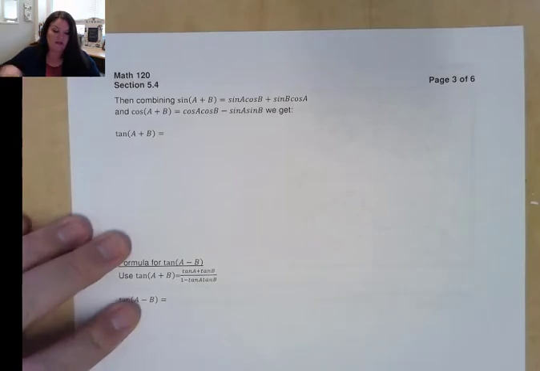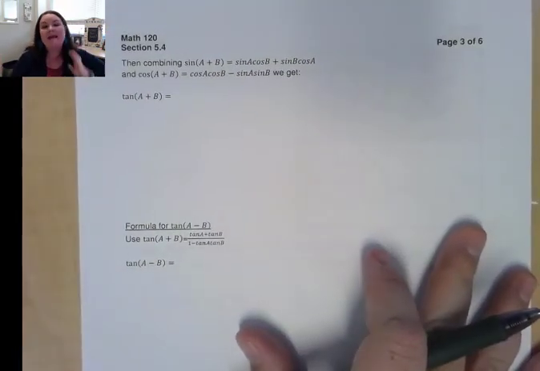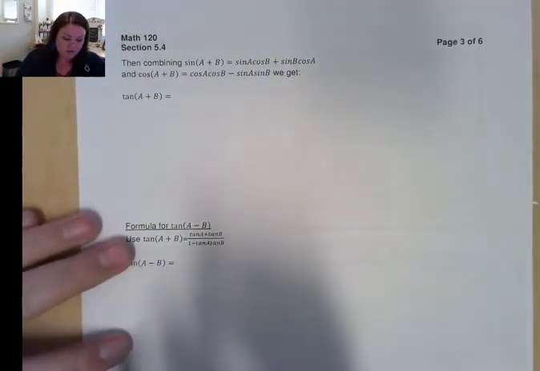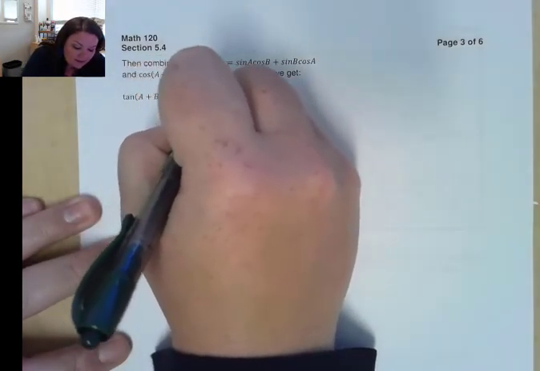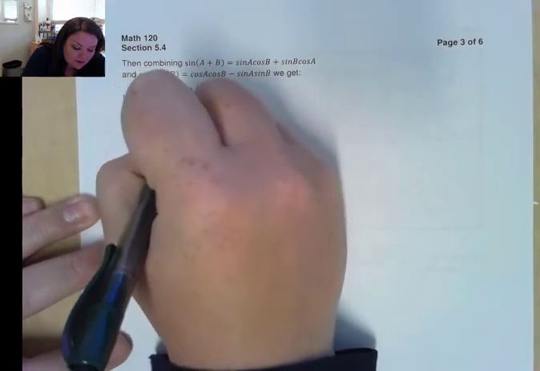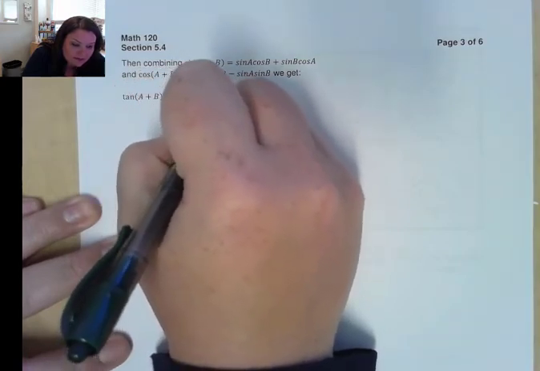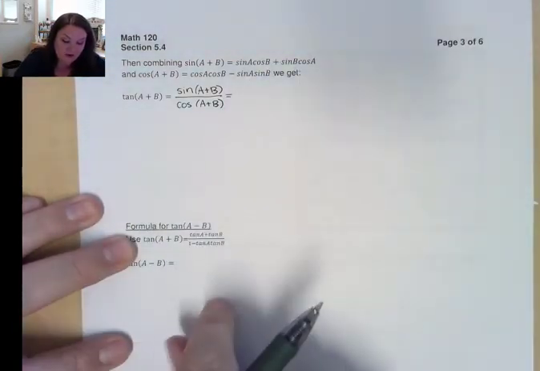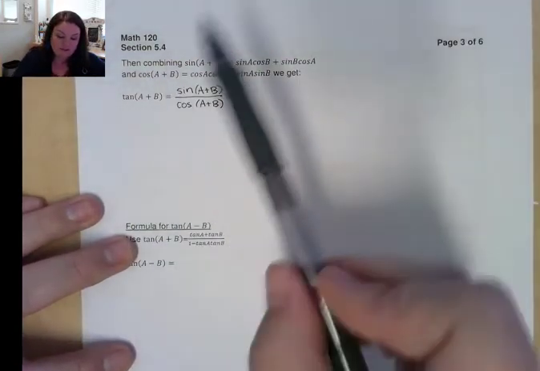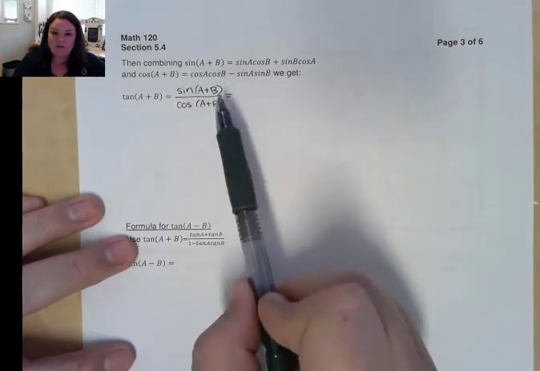Okay, so let's go over to our next page, and I'm going to go ahead and rewrite what we just wrote. We know that tangent A plus B is equal to the sine of A plus B over the cosine of A plus B, right? And now we can go ahead and write out those formulas. Just to help you out, I put them at the top of the page here.